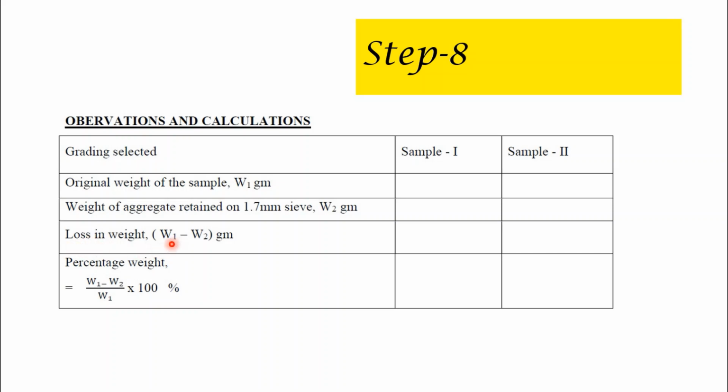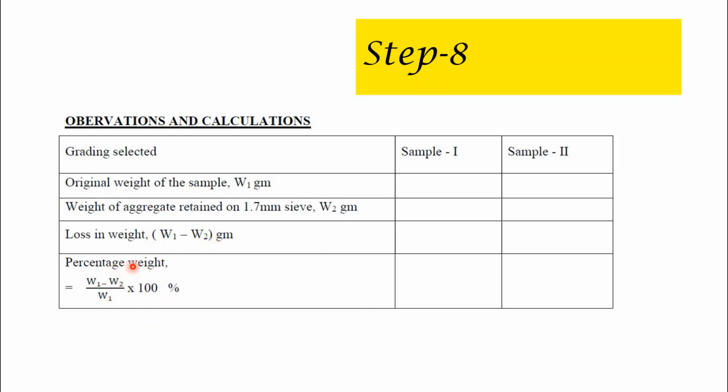So loss in weight will be W1 minus W2. Our W1 was 5000 gram, and we will get the weight W2 from the collected aggregate, and we will find out the weight of aggregate passing through the 1.7 mm IS sieve. The abrasion value is (W1 minus W2) divided by W1 into 100.